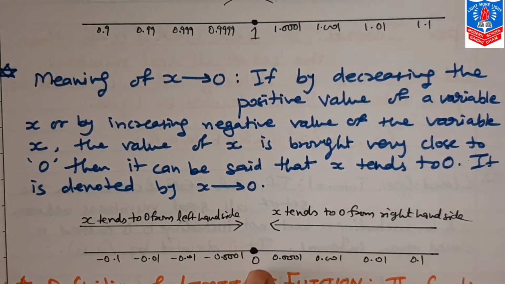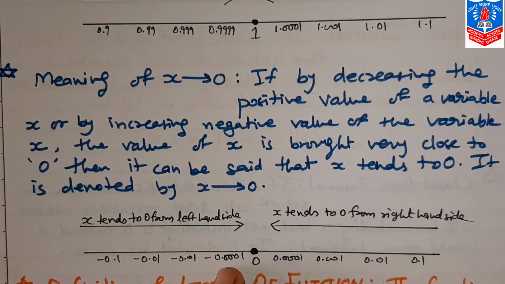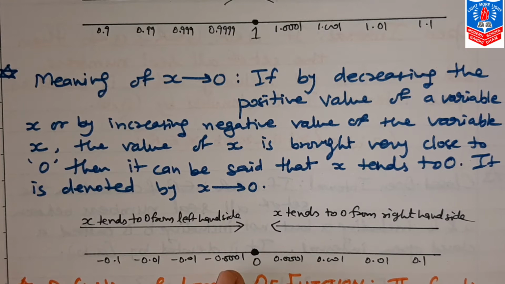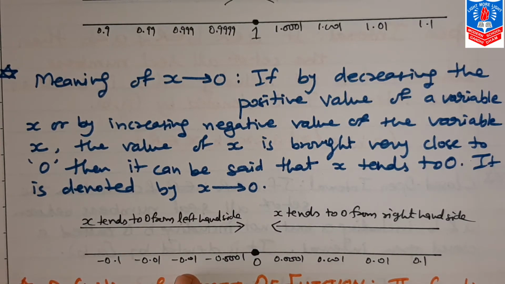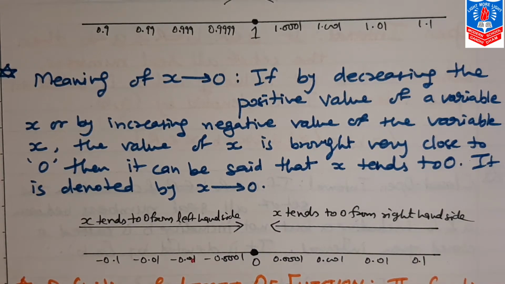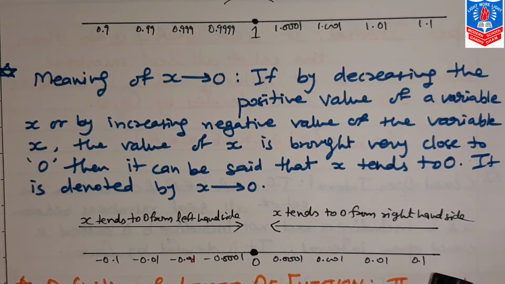Now if I put 0 in the middle, on the left hand side the values reduce and they will be negative because they are lesser than 0: minus 0.0001, minus 0.001, minus 0.01 and minus 0.1, while on the right hand side values increase: 0.0001, 0.001, 0.01 and 0.1 and so on.